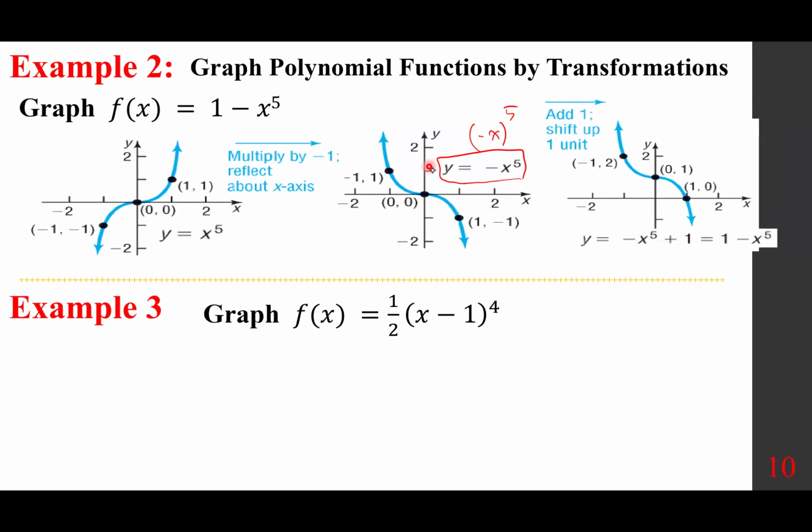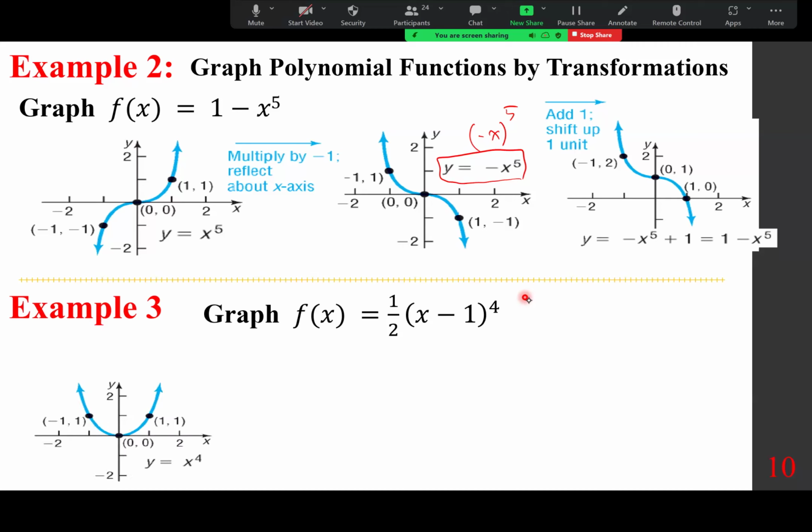Well, we start with x to the power of 4, which looks like x squared, roughly. Now, x minus 1 means move it to the right by 1 unit. So replaced by x minus 1, that means shift it to the right by 1 unit. So 0, 0 goes to 1, 0.